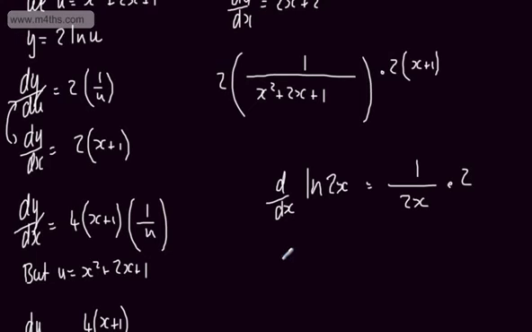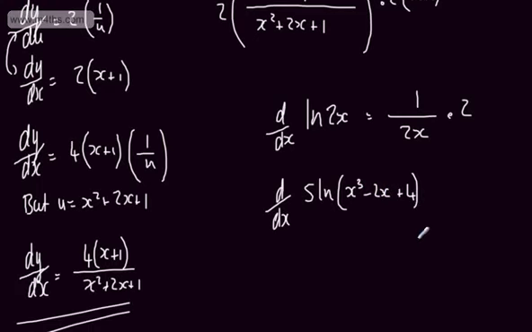If we had now the derivative with respect to x of, let's say, 5 times the natural log of x cubed minus 2x plus 4. We're going to write 1 over the inside function, which is going to give us x cubed minus 2x plus 4.